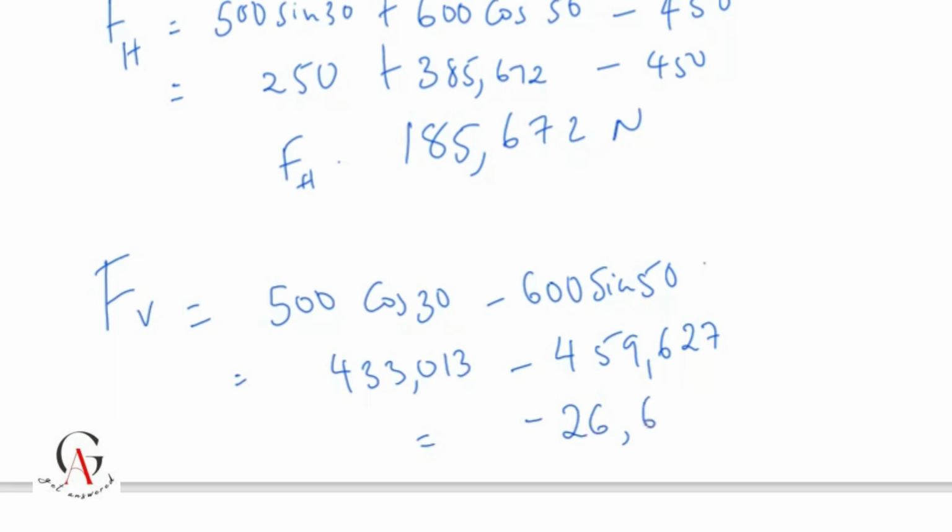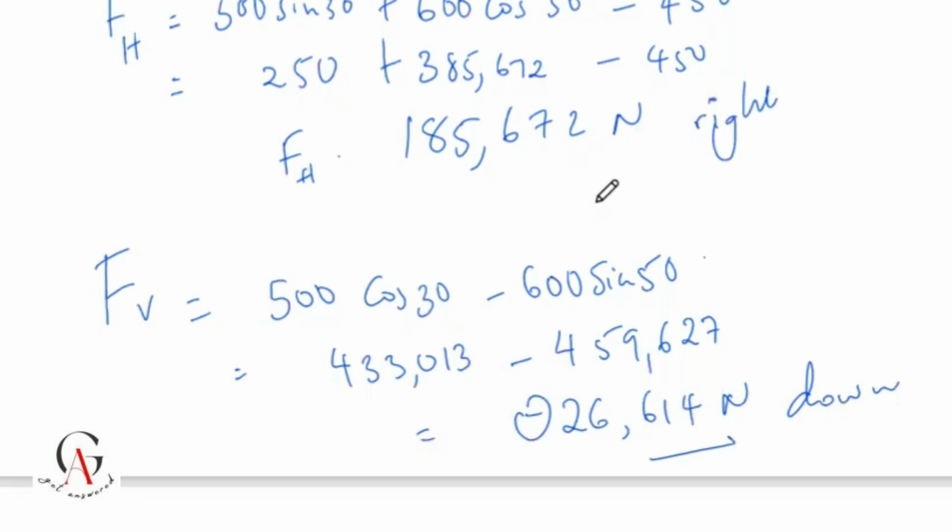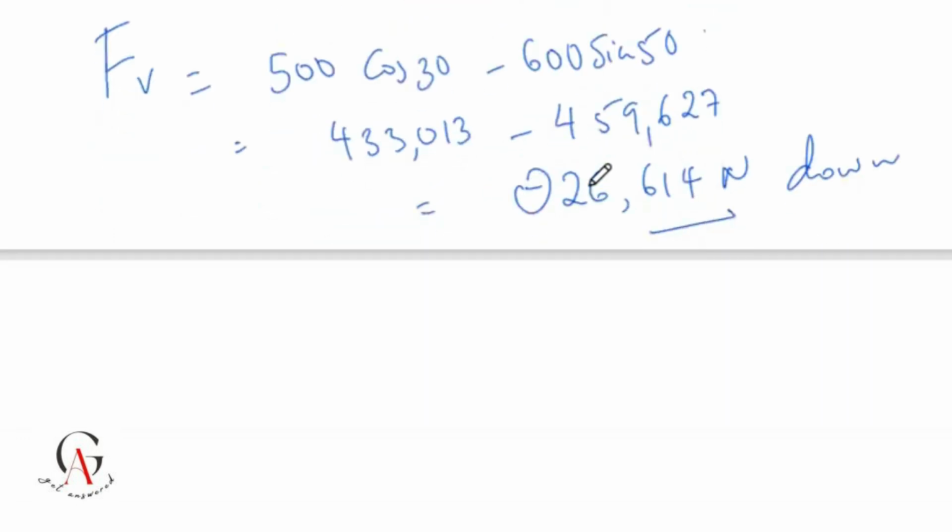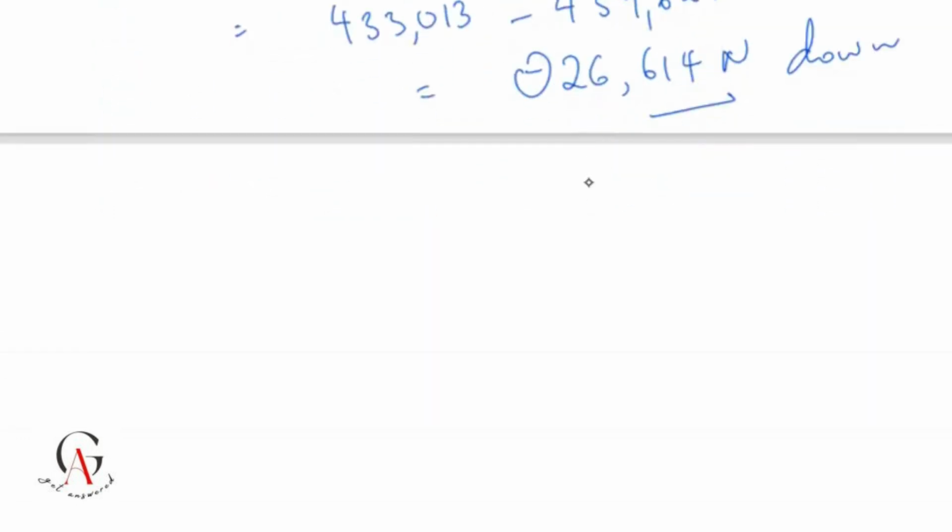So this is my vertical. Now, we can just give it as a positive and we say down. This one is to the right since it's horizontal and positive. Then from there, I'll have to combine these two and create my resultant force. So which means I'll have this as my horizontal, that as my vertical.